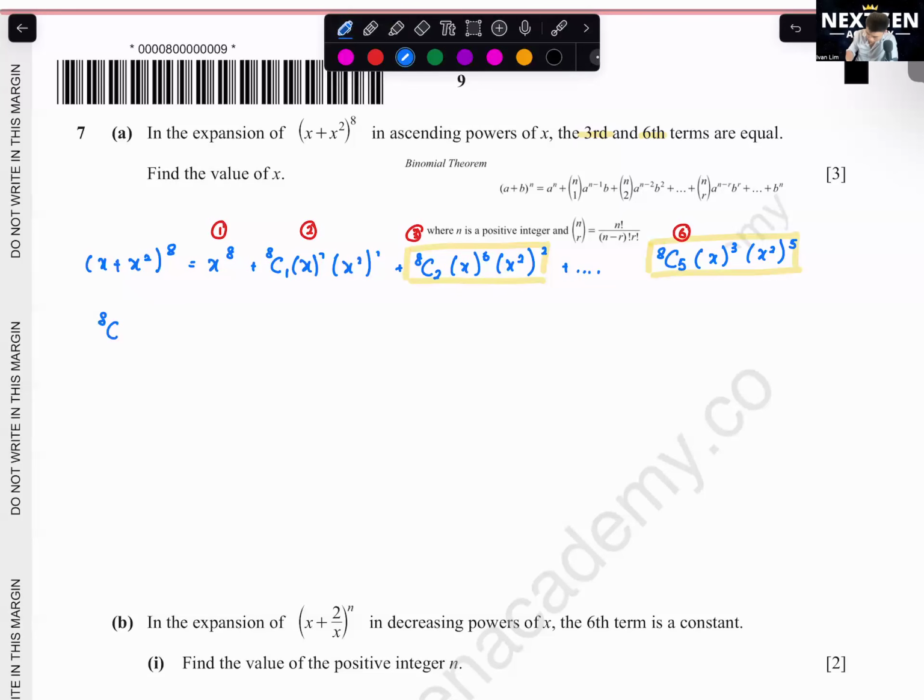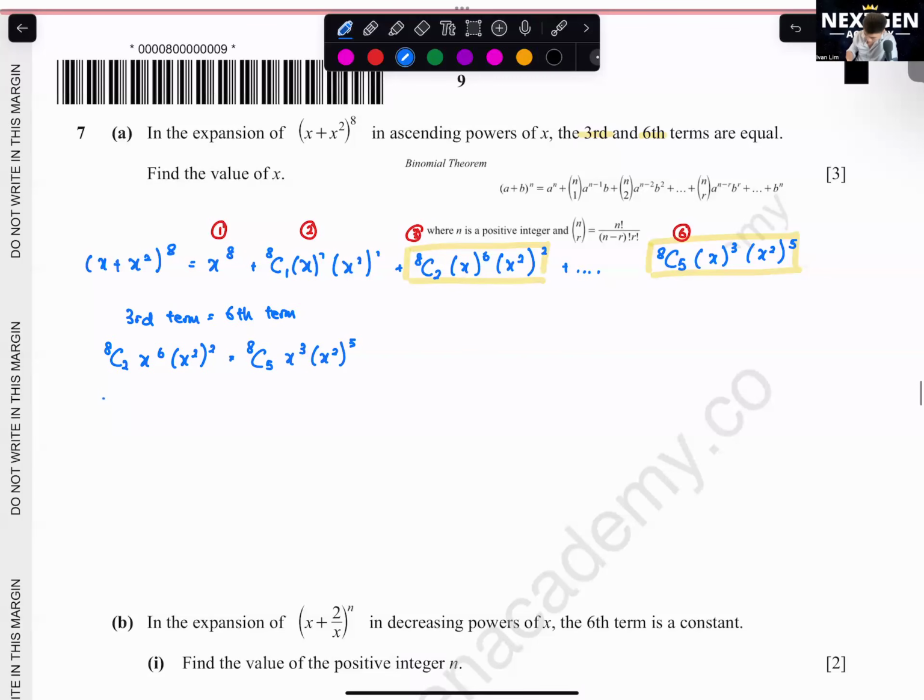So I just write: the third term equals the sixth term. 8C2, x to the power of 6, x squared to the power of 2, equals 8C5, x to the power of 3, x squared to the power of 5.